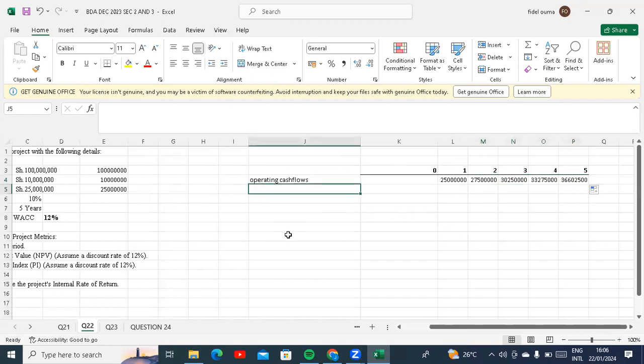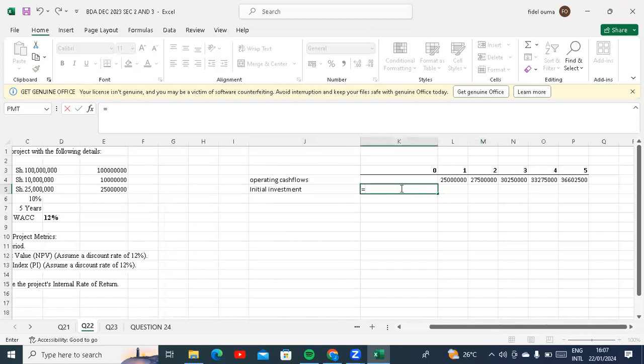Then I'll go to initial investment. Initial investment starts at year 0. So I'll say equals, and it's a cash outflow, so I'll say negative.